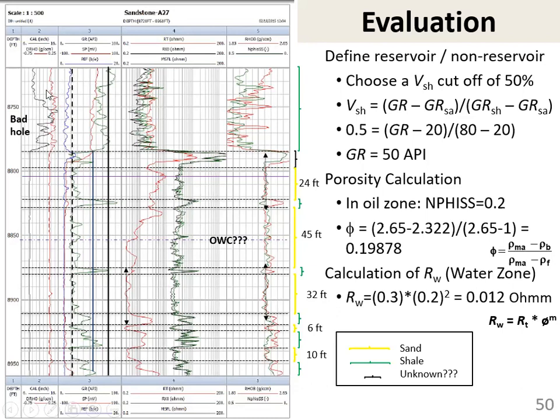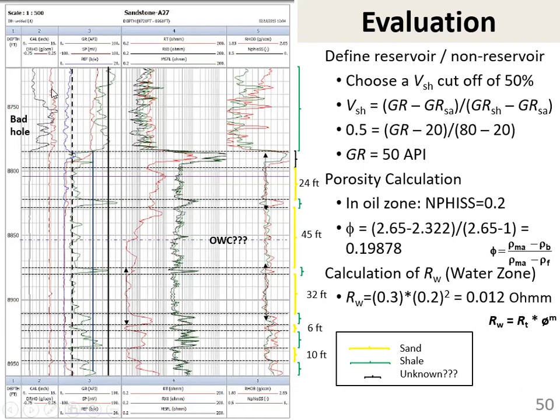The implication of the change in signatures, the regular signatures here, is that this hole is referred to as a bad hole. Here you had severe washout, and then the DRHO readings here increased greatly. And remember what was said in the previous video about this.